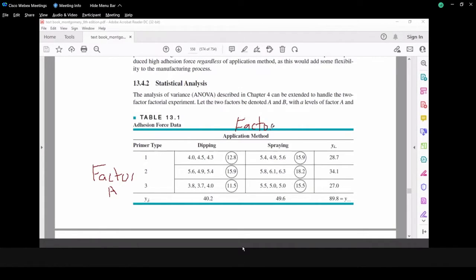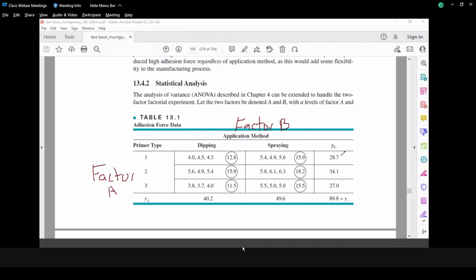I hope that when you look at this raw data, you can visualize it graphically in your mind, like a photographic memory. As engineers, always try to visualize things. So you have factor A, factor B at 2 levels, and 3 replicates.